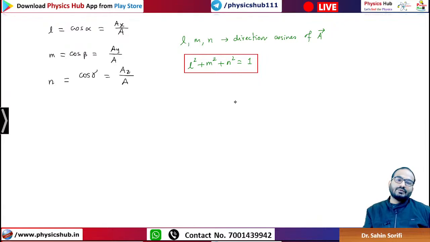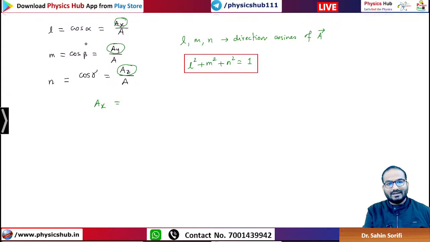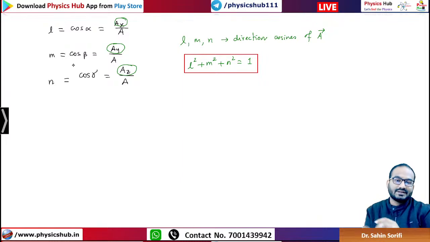And we can also express the components Ax, Ay and Az in terms of the direction cosine. If you write Ax, we can simply write it as LA. Now if I express the unit vector in terms of the direction cosines, how do you write it? A cap is Ax by A i cap plus Ay by A j cap plus Az by A k cap.